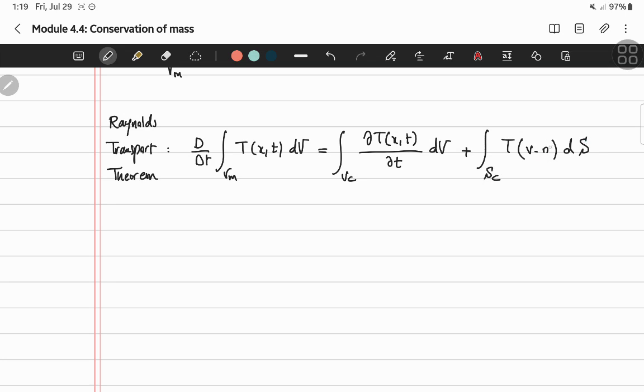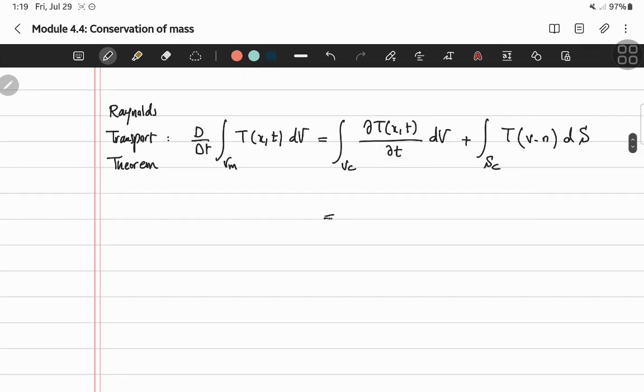So this n is the normal to the surface and this is velocity. This can also be written in the form of the material derivative: changing this partial derivative to the material derivative, the integral of DT/Dt plus T divergence of v, whole dv over the control volume.